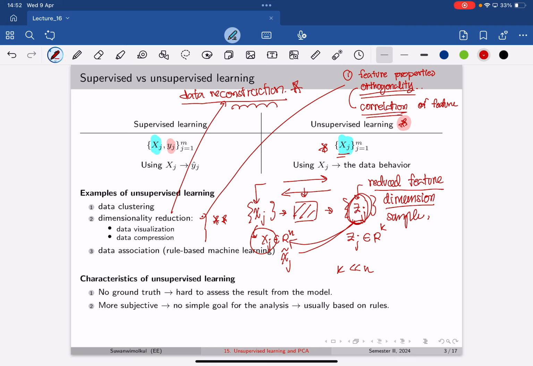And once you compress it into a reduced feature sample, that reduced feature sample is able to capture the important information in your original data, even though it has defects. And you can reconstruct a signal xj hat back, and xj hat may happen to have the information filled out despite the fact that it came from something that is defective. So that is what we call imputation, or missing value interpolation.